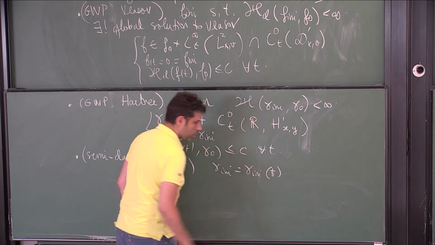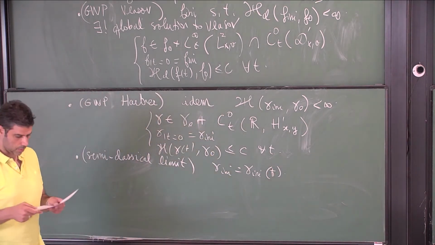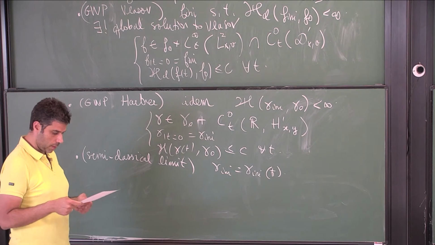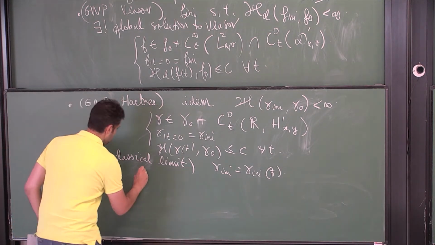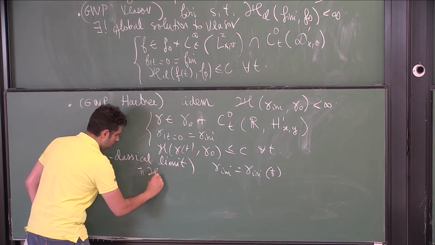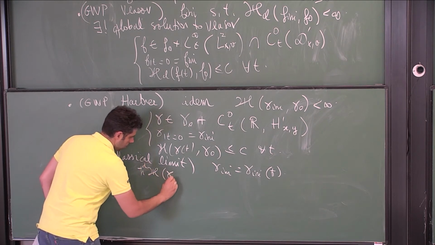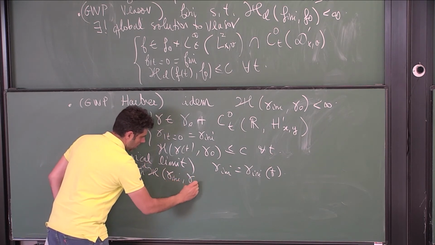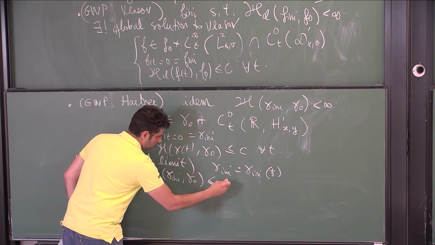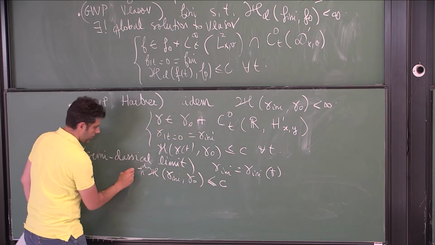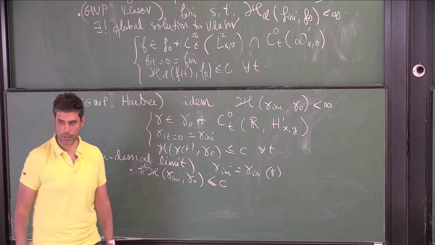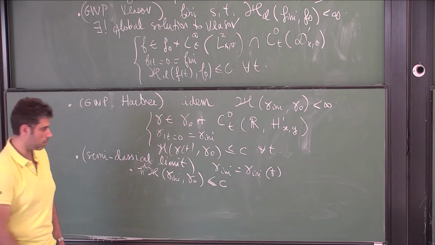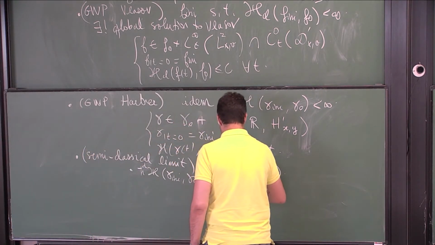I'm not displaying this in the notation, but you know what I mean. And I will assume that h bar to the d times the relative entropy is bounded, in the limit h bar goes to 0.